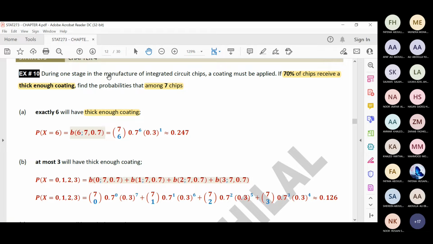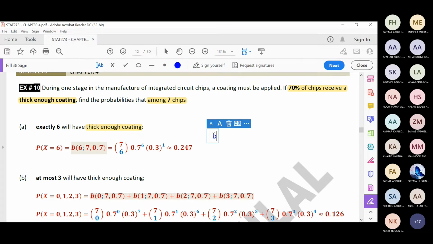Because this is an example of the binomial distribution, where I have n 7, I have p 70, and exactly 6, which means that is the value of x. So what's the probability x equal to 6? It is the binomial probability formula, where x equals 6, semicolon, n is 7, and the probability 0.7. Remember the formula, you should remember it. هذا القانون اللي احنا دائما نعتمد عليه.